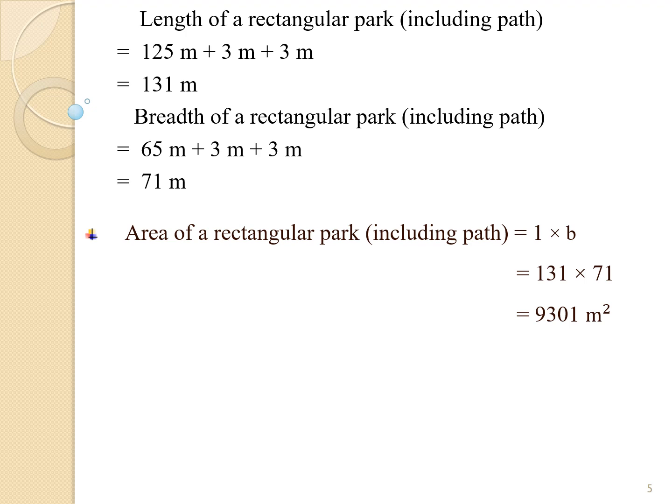Thus, area of the rectangular park including the path is 9301 square meters.